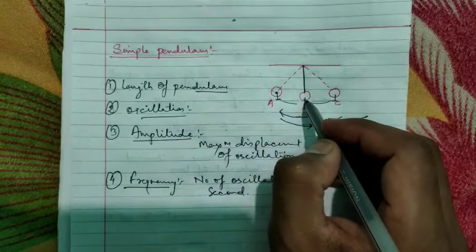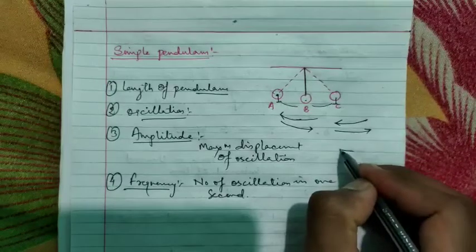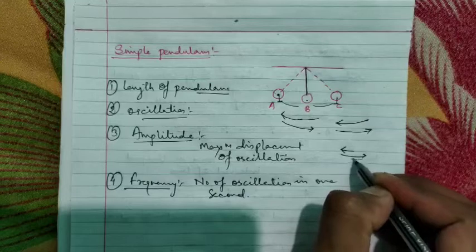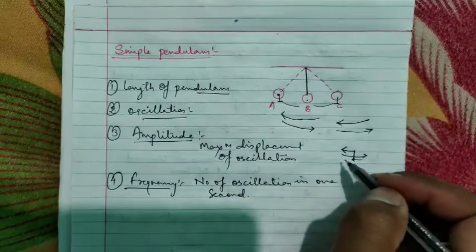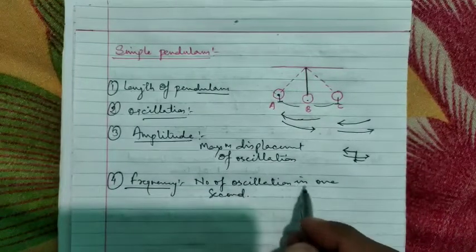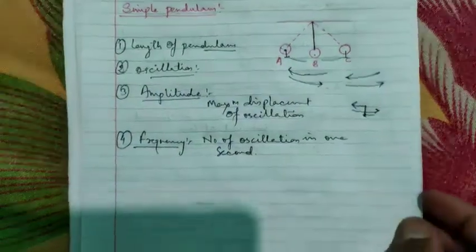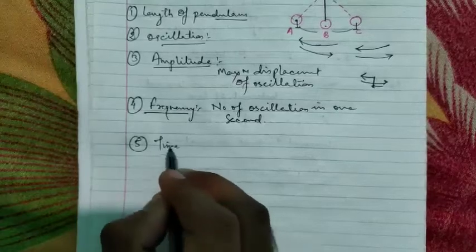That is called one oscillation. This center point is called the equilibrium position, and the number of oscillations performed in 1 second is called frequency.